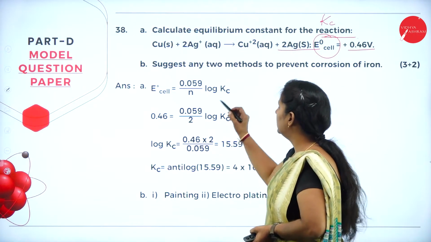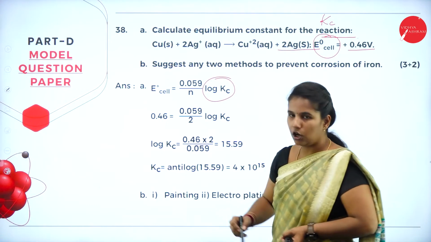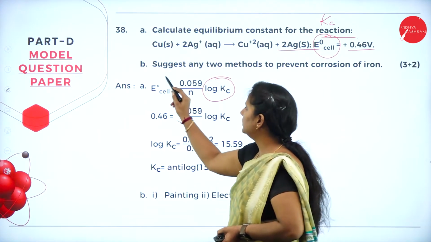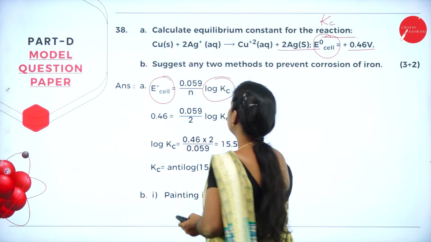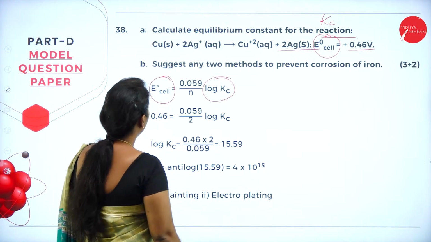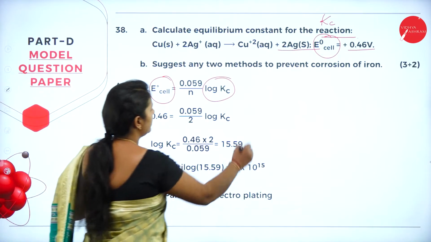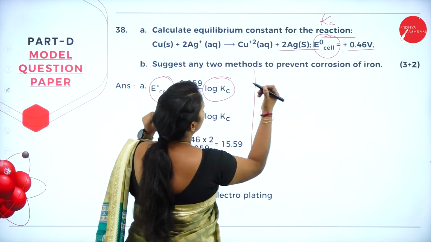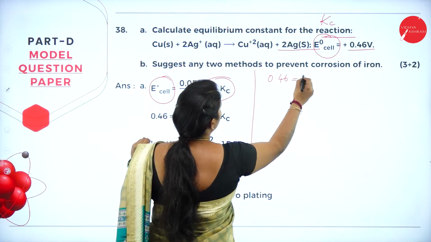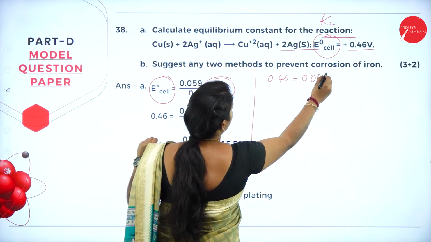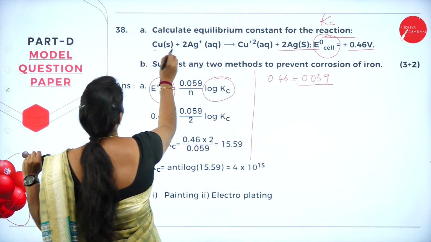We need to calculate log Kc, and they have given the E0 value also, right? So by rearranging this, or by direct substitution: what is the E0 value they have given? 0.46 is equal to 0.059 divided by n; how many electrons are released from copper?